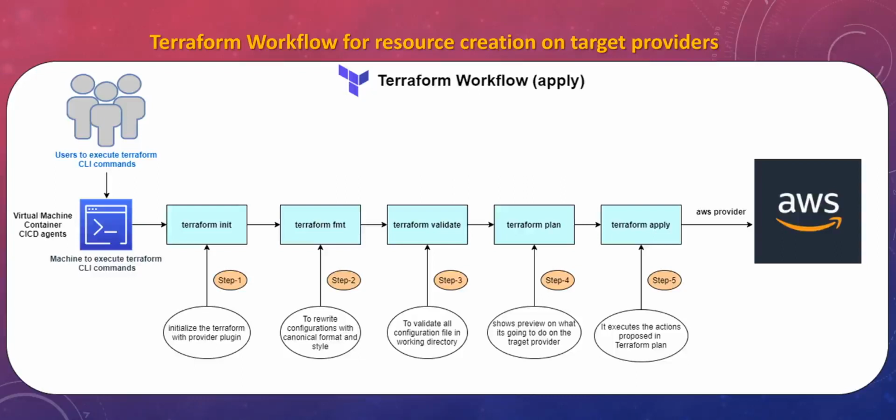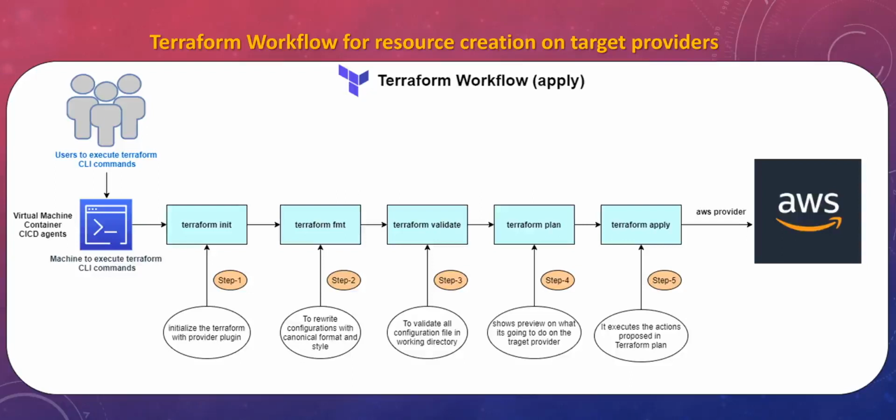Automatically, the terraform fmt command will read all the configuration files and reformat them according to the canonical format and styling. It will display on the terminal which files have been modified, so it will let you know which files it has changed. That is the benefit of the terraform fmt command. Though you have not followed the canonical format and styling, we still have a terraform fmt command which will do the job for you.